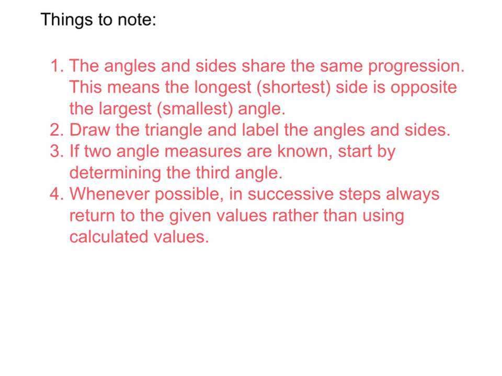So whenever you possibly can, always use given information before you use the stuff that you've calculated. Now, it might not always be possible to do that. Some of the information might require that you use the calculated value. But if you don't have to, that would be best.